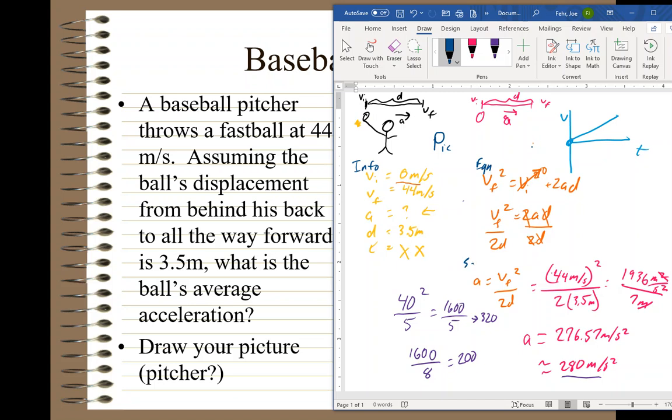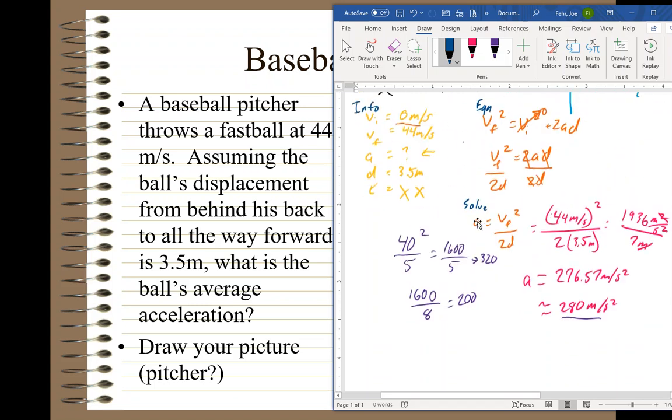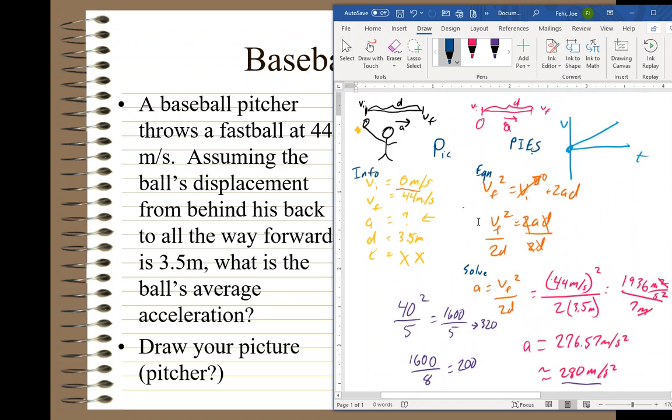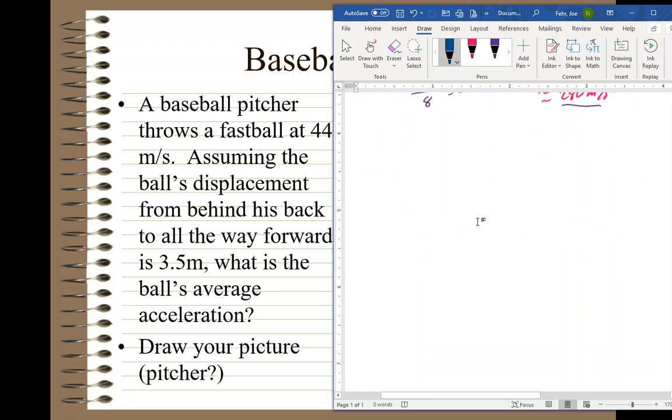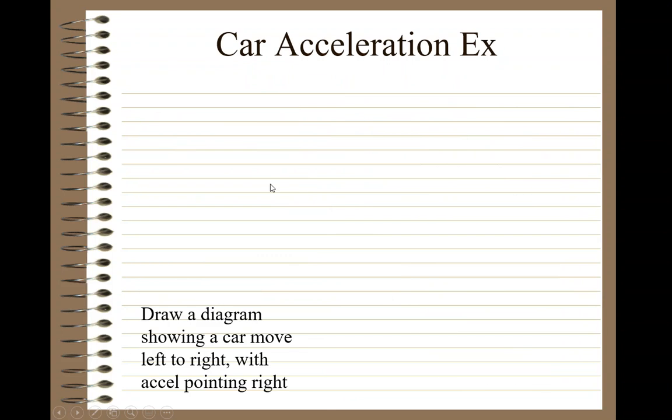You can say it that way too. So PIES, that's the idea behind it. If you want to call information, list, it's the same idea. All right, let's get the next problem on here.